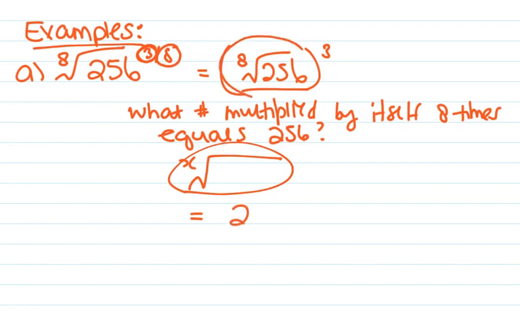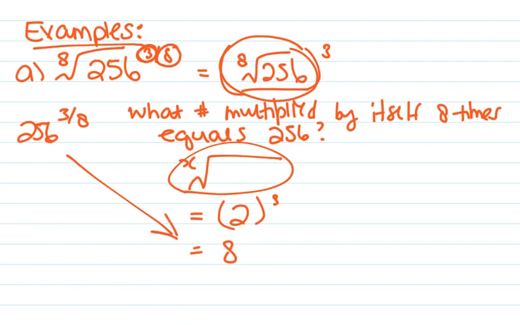So now this bracket is equal to 2, and that's all cubed. 2 cubed is 2 times 2 is 4 times 2 is 8. So 256 to the power of 3/8 is actually just equal to 8. So see how that's a lot simpler? So now you've simplified that question.